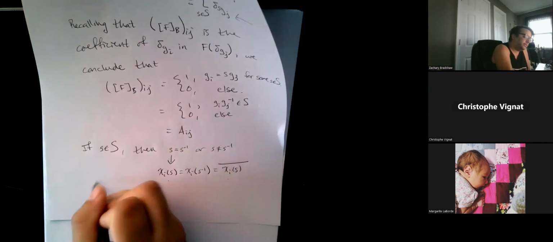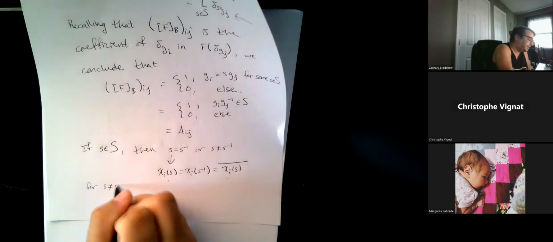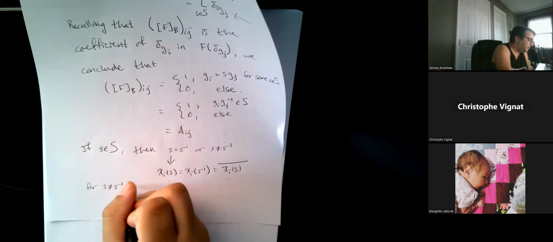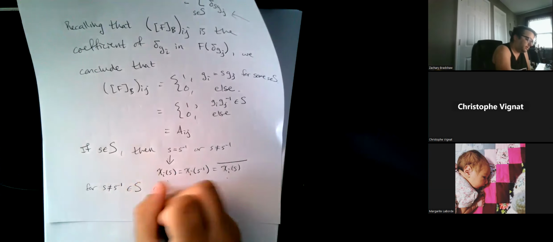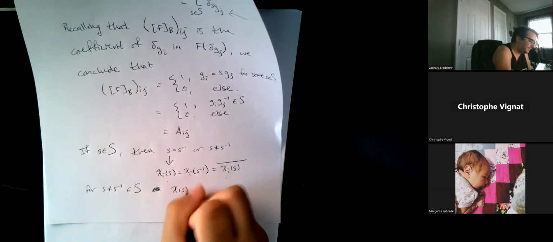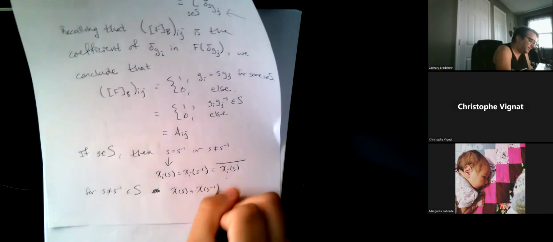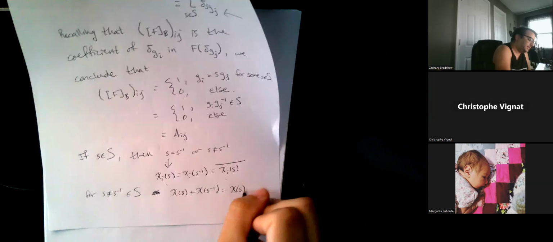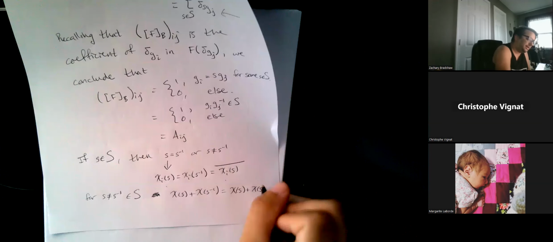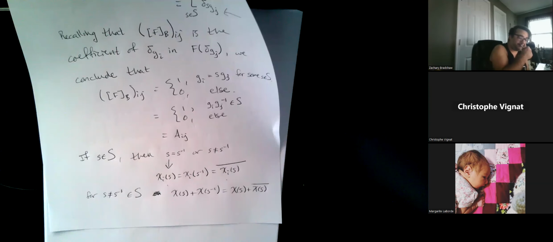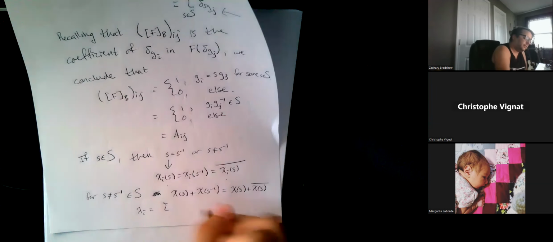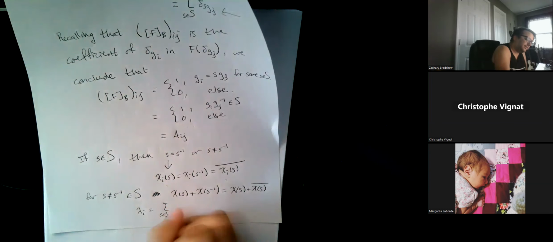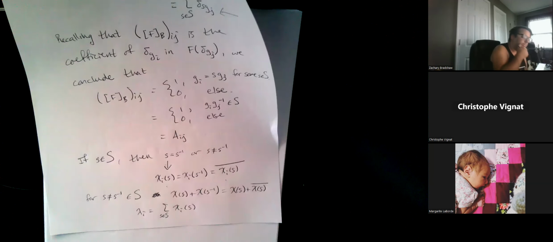So in the other case, for s not equal to s inverse, so remember this is still an s, then what we have is that chi of s plus chi of s inverse is chi of s plus chi of s complex conjugate. And this thing is real. And it follows that the eigenvalue, which is the sum over s in S of chi I of s, will be real.